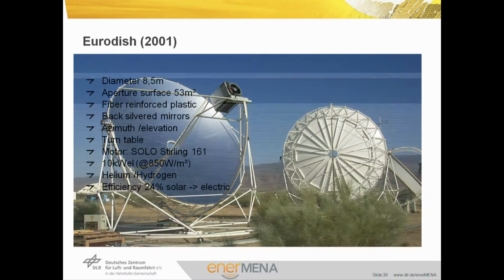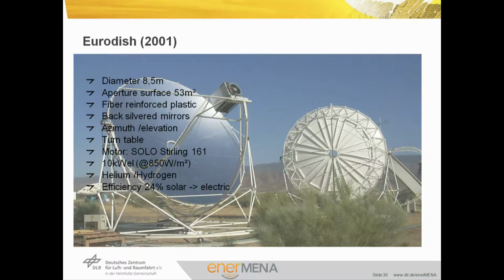The last generation in this row was the Eurodish that was developed and built in 2001, also at the PSA. Diameter is the same as Distal 2, 8.5 meters. Aperture surface is 53 square meters. The concentrator concept was changed, now using fiber reinforced plastics with back-silvered glass mirrors on the front. The tracking system is azimuth elevation using the same turntable concept as the former generation with some optimizations.